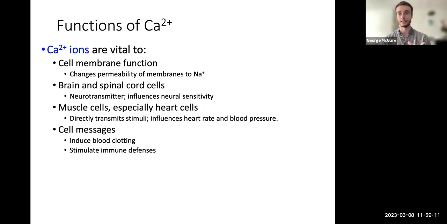They play a big role in our muscle function. Calcium needs to bind with a protein within our muscle cells that allows the binding of a different protein, which is going to cause the shortening of those muscle fibers, allowing us to contract. And then cell messages all across the board here.